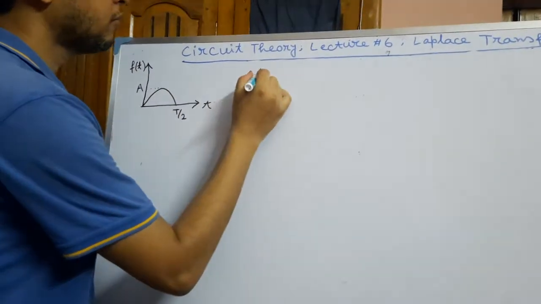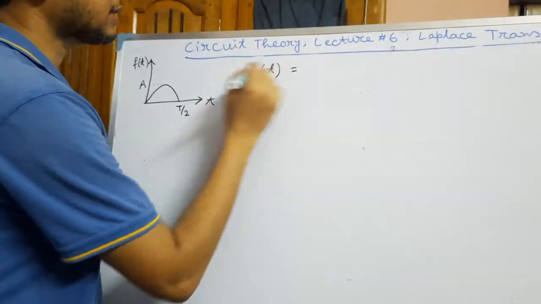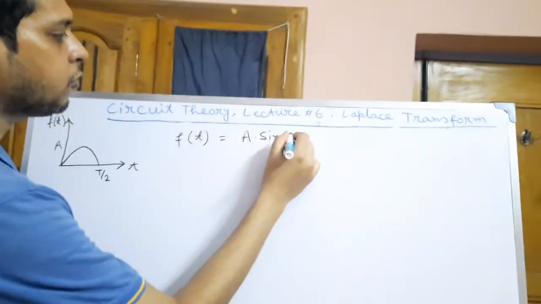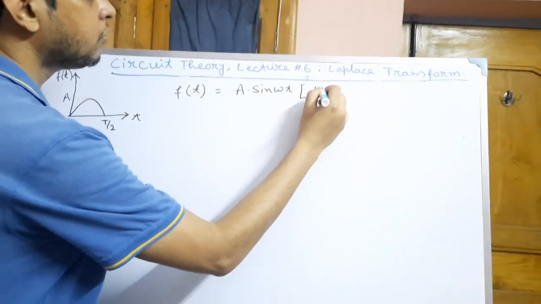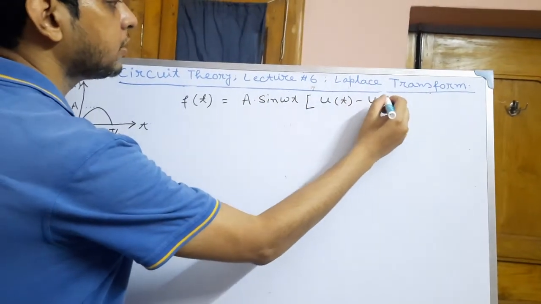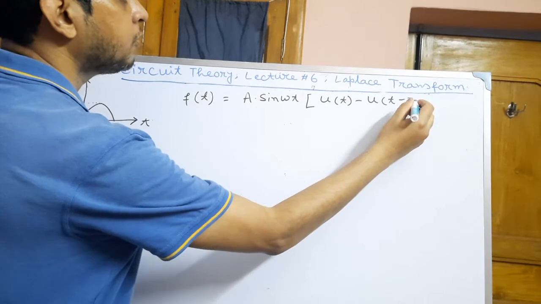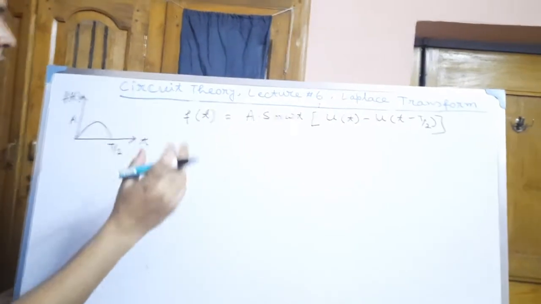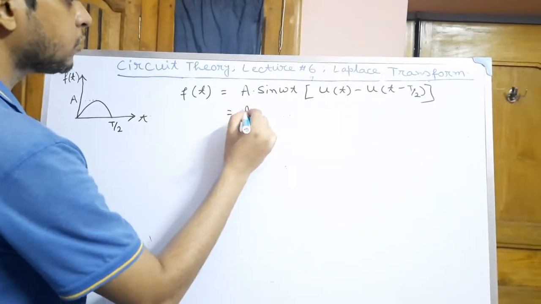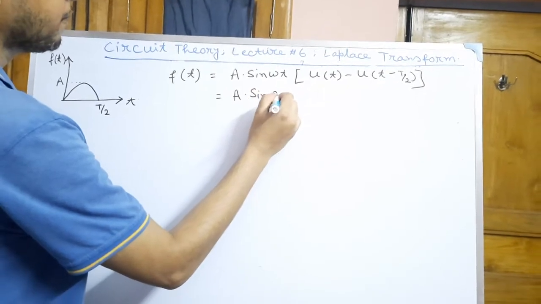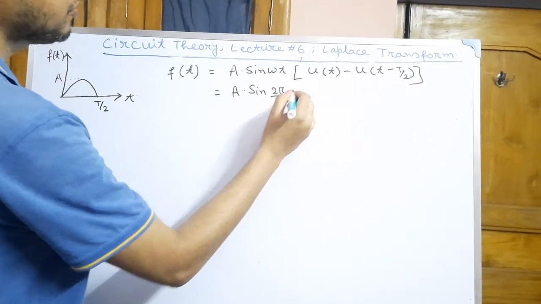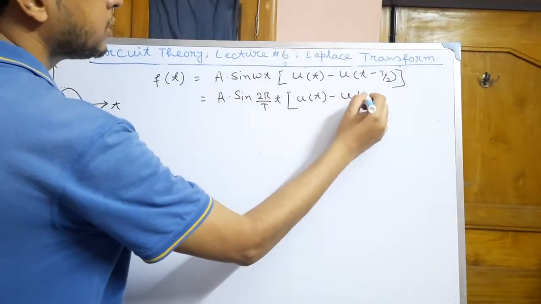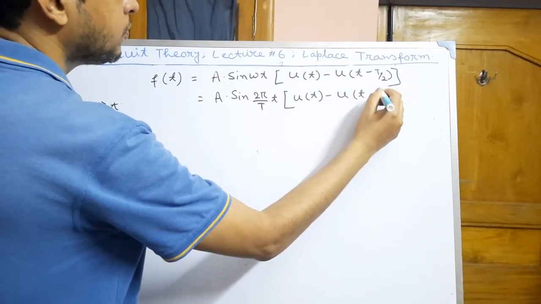So we can express this as the sinusoid A sin omega t into u(t) minus u(t minus T by 2). Okay. Now here omega equal to what? Omega equal to 2 pi by T. So this is equal to sin 2 pi by T into t, u(t) minus u(t minus T by 2).